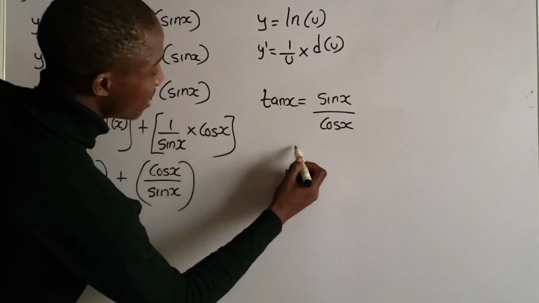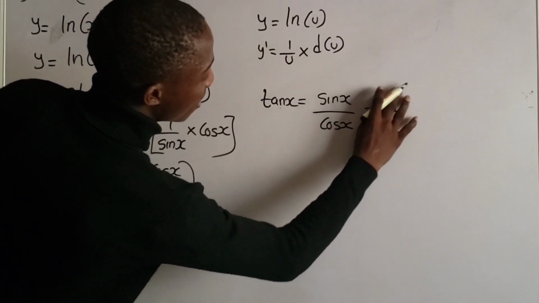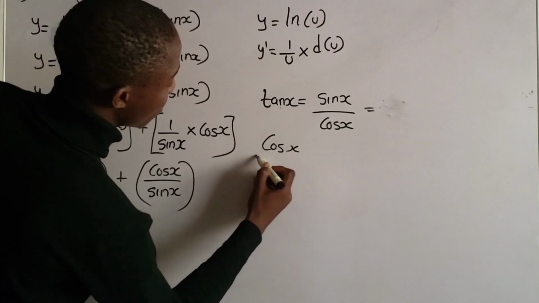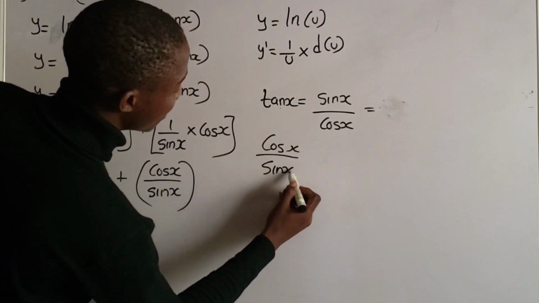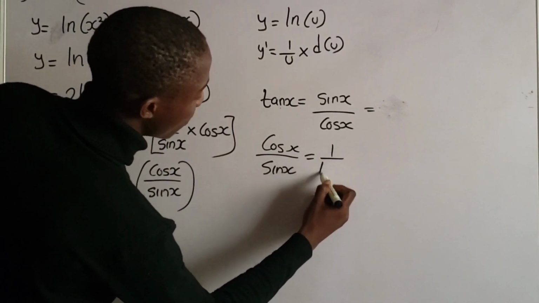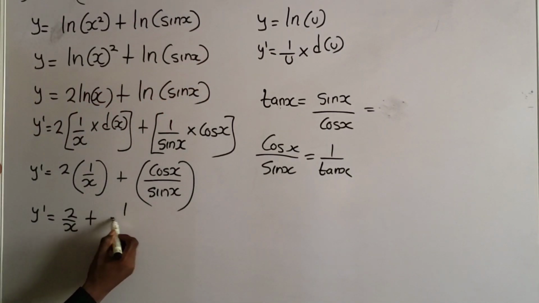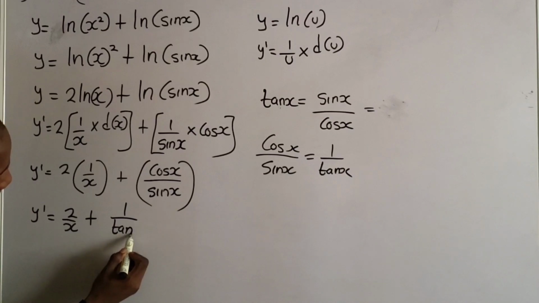So cos x over sine x is the same thing as 1 over tan x.